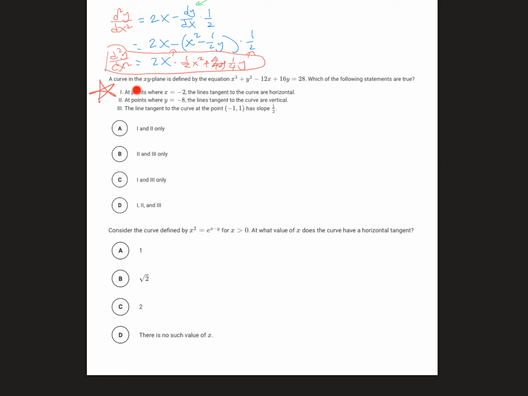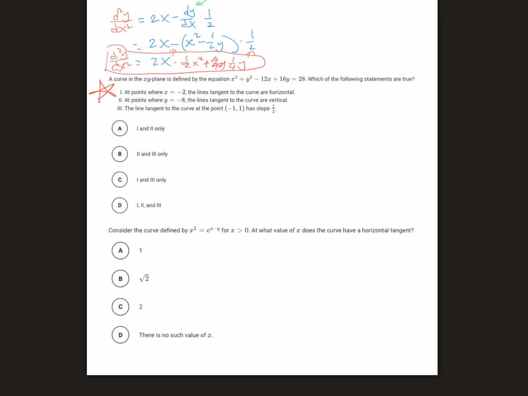Number 2, at the points where y equals -8, the lines tangent to the curve are vertical. Vertical is when my first derivative is undefined, most times my denominator equaling 0. Keep that in mind. Third, the line tangent to the curve at the point (-1, 1) has a slope of 1/2. So if I plug (-1, 1) into my derivative equation, I should get a slope of 1/2.